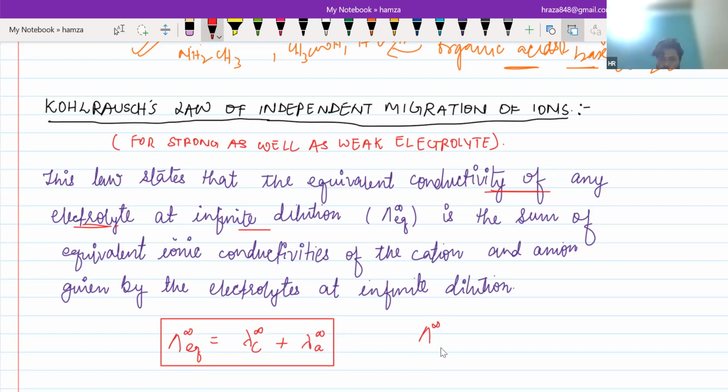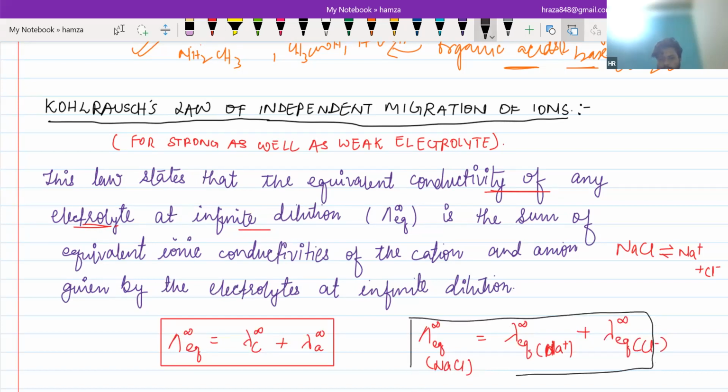If we are talking about the equivalent conductivity of NaCl, you know that if you dissociate NaCl into two parts, it will be Na plus and Cl minus. So first I'm going to take lambda eq infinity of Na plus and then Cl minus. This is how it works.